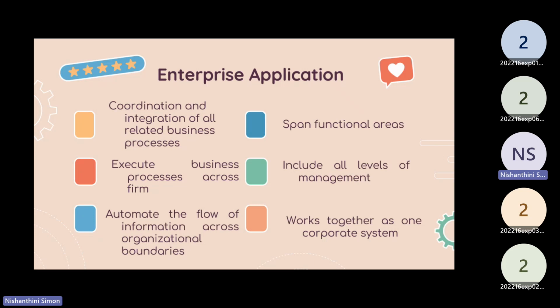Do you know any examples of these enterprise applications? Maybe one big system which all the divisions throughout the organization will be using. Yeah, definitely. One of the major examples could be the ERP. We know ERP is not limited to one division. Starting from the accounting modules, there is marketing, HR, and manufacturing.